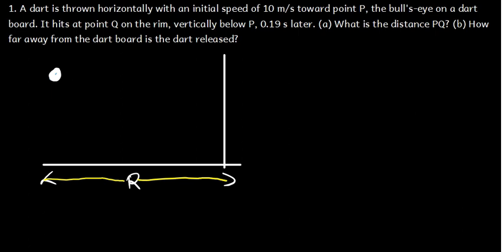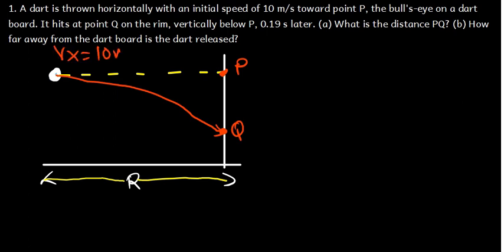Now imagine this point here. Let me just put a dotted line. They're saying that from where it was released, this point here is P. So this is our point P. Then it falls somewhere there at point Q. Let's say this is point Q, meaning that it started from there, then it was falling all the way to point Q. What we have to understand is that the velocity in x direction is 10 meters per second.